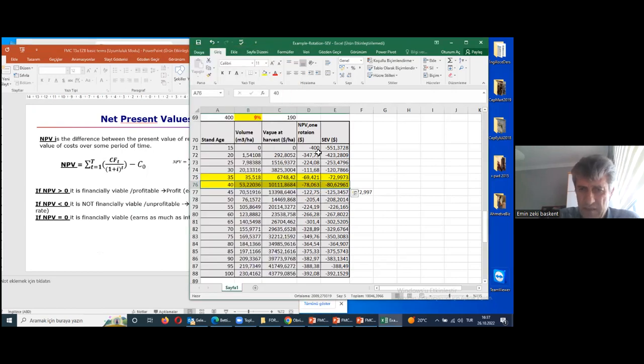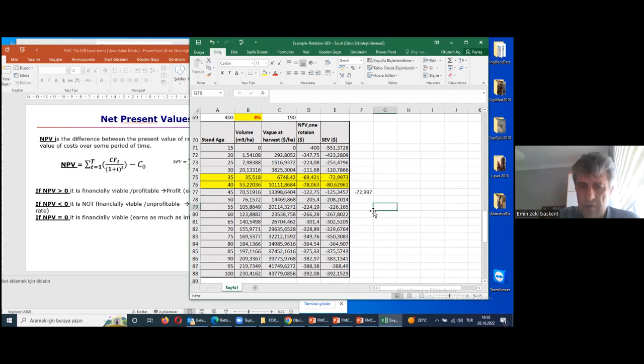So although we see that the rotation period becomes shorter and shorter as we increase the interest rate, at a certain threshold the soil expectation value and net present value become negative, and then we do not choose it because it is not profitable and not feasible.